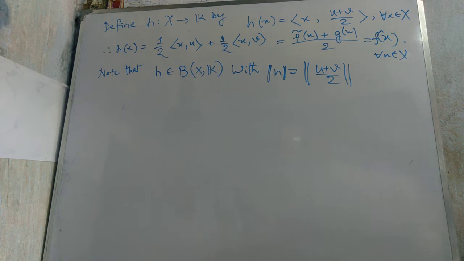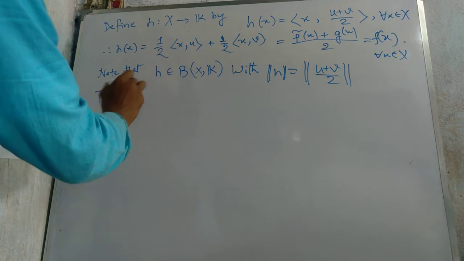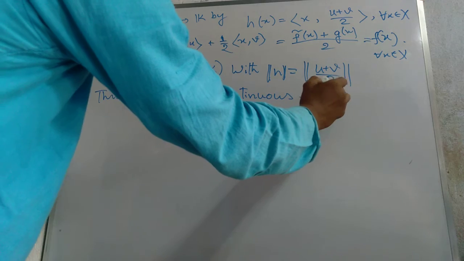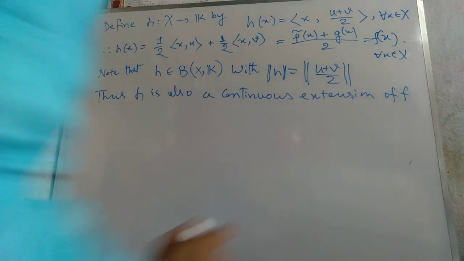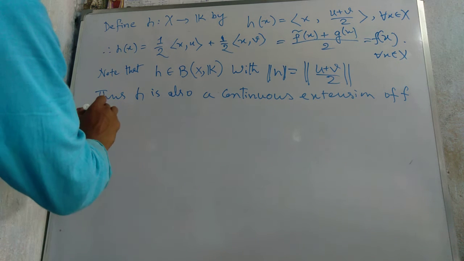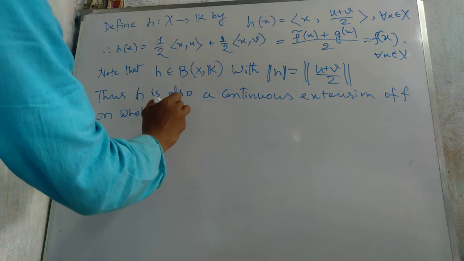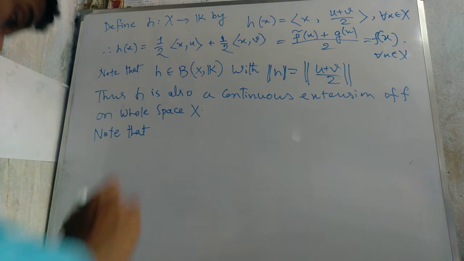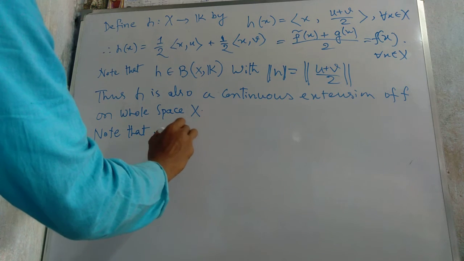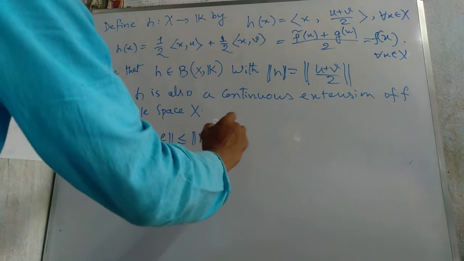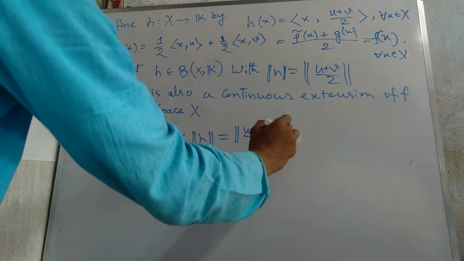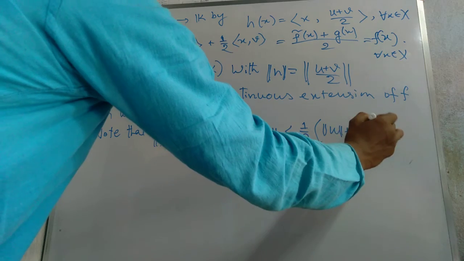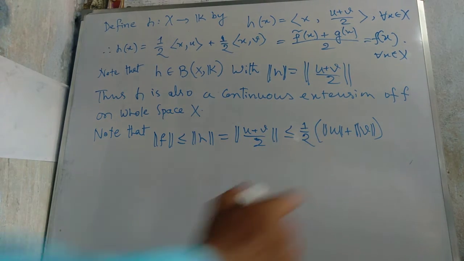Thus h is also a continuous extension of f on the whole space X. Now note that norm of f less than or equal to norm of h equal to norm of (u plus v) by 2, less than or equal to half of norm of u plus norm of v, equal to norm of f.